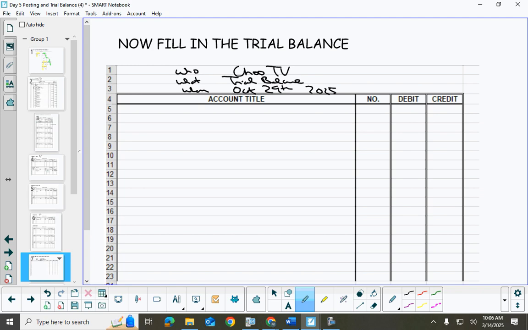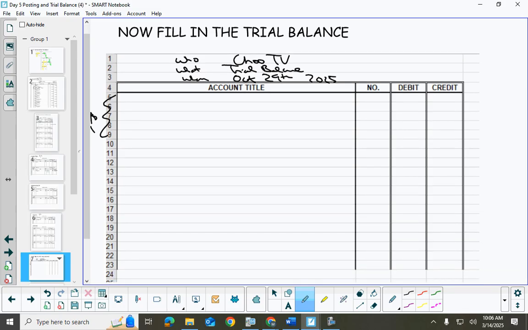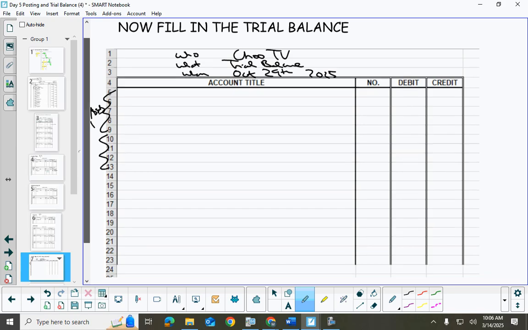Okay, so what you do is you go through now and list out all your accounts. So you do the assets first. Then you do the liabilities. You do all the owner's equity, the revenue, and the expenses. And you don't have to tab in or anything. You just type them all in.